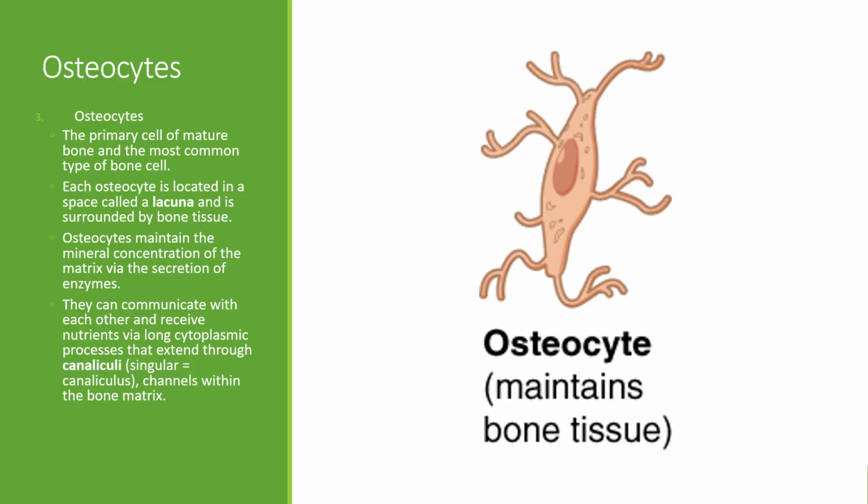But they're able to communicate with each other through these little hair-like openings, channels in the bone. They have long cytoplasmic extensions that you can see there, and then they extend those through the canaliculi, which are these teeny tiny tunnels running between osteocyte lacunae, and they're able to communicate with each other. They communicate via chemicals.